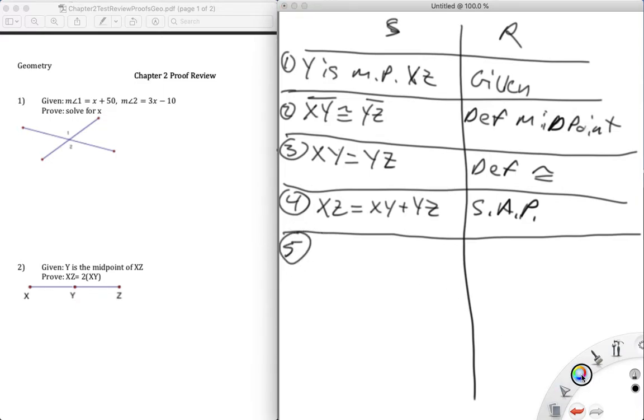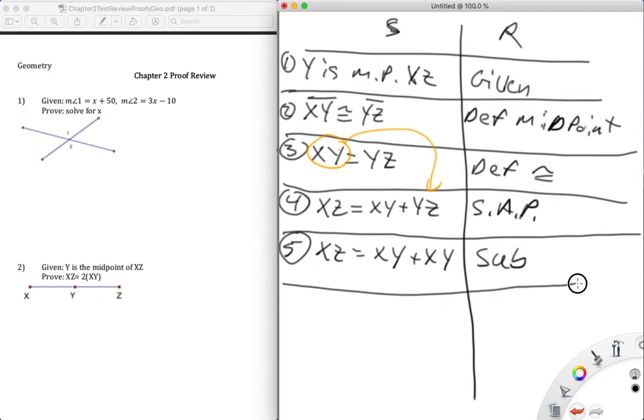Since I know that xy is equal to yz, from here I can substitute yz right there, and I can say that xz is equal to xy plus xy. Why? Because of substitution. I substituted xy for yz.